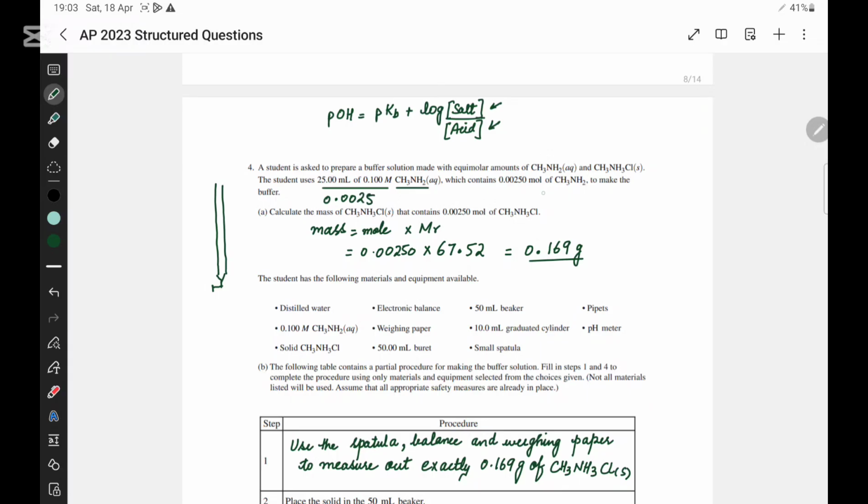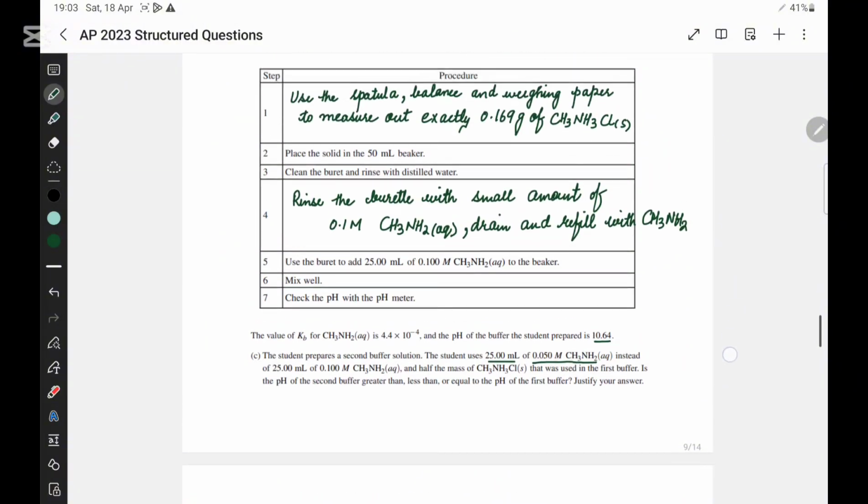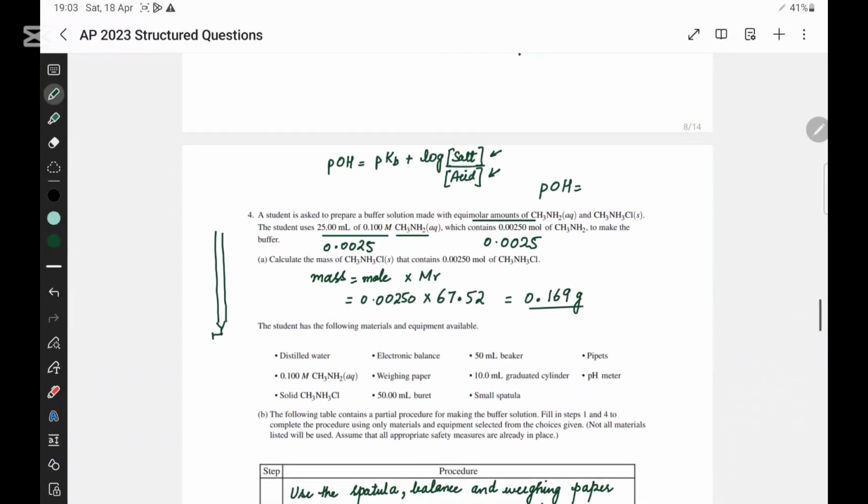And here the moles are also the same because they are an equimolar amount, so that is 0.0025. So you can see that pOH is also going to be equal to pKb, because their number of moles are the same. So log of 1 comes out to be 0, so pOH is equal to pKb.